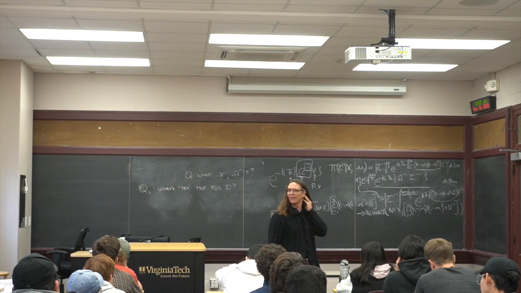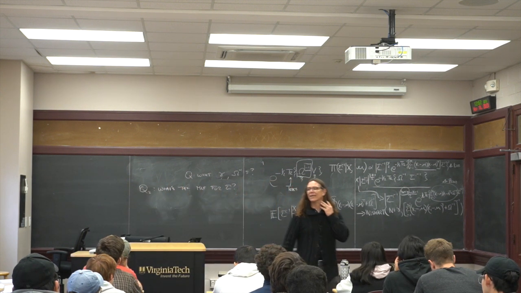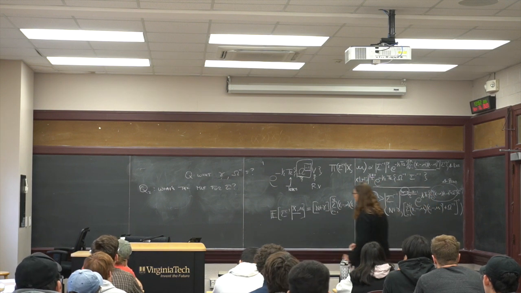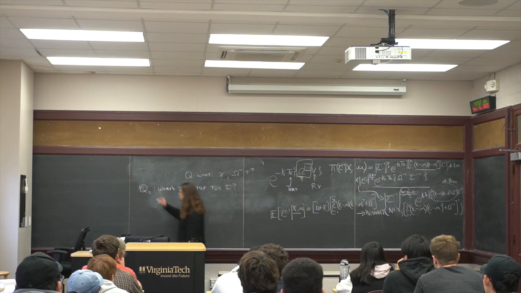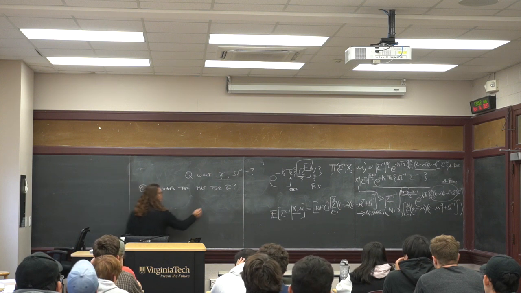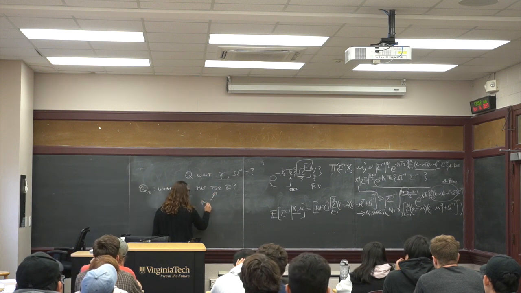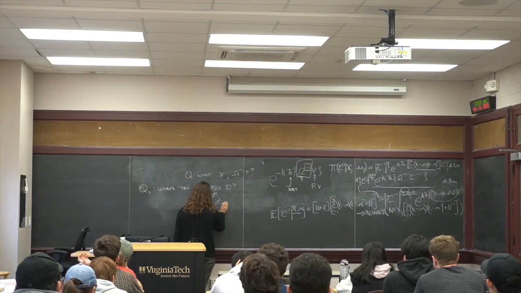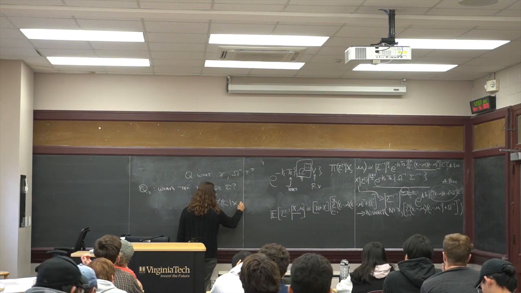We know mu. So what do you think the MLE for this is? That just means that I take the maximum, over sigma of the likelihood function for sigma given x and mu.